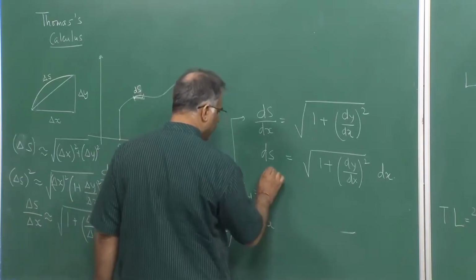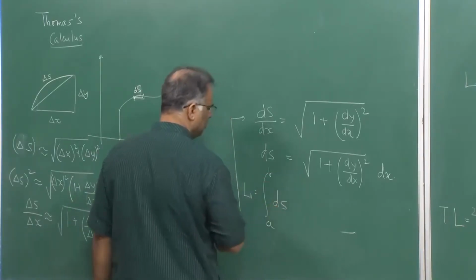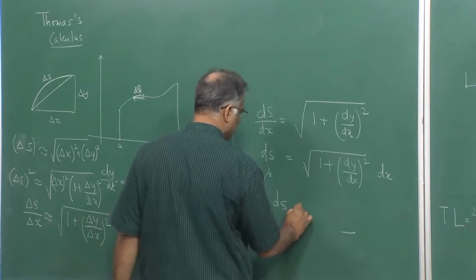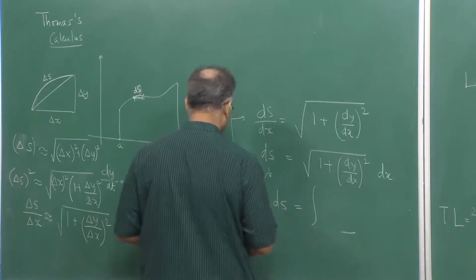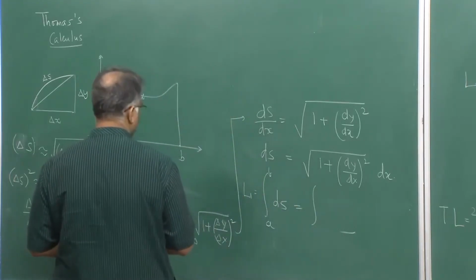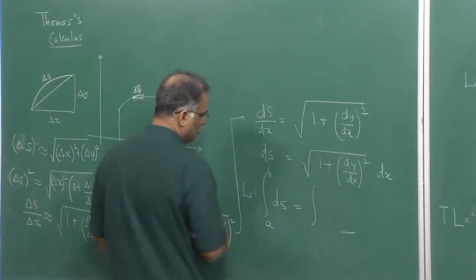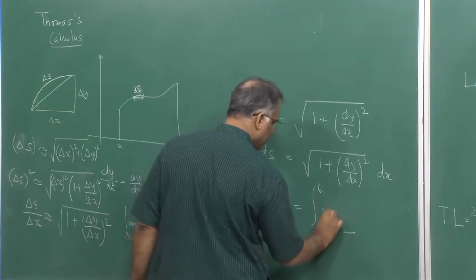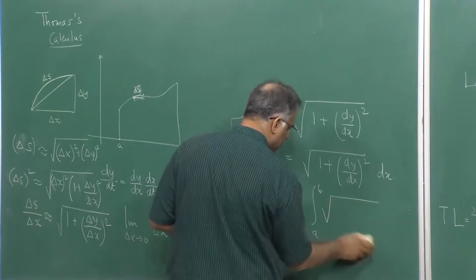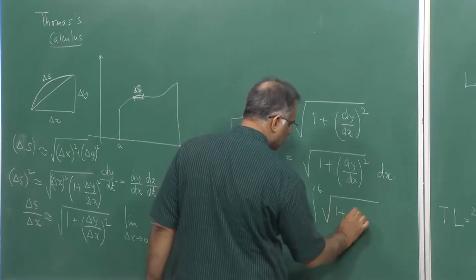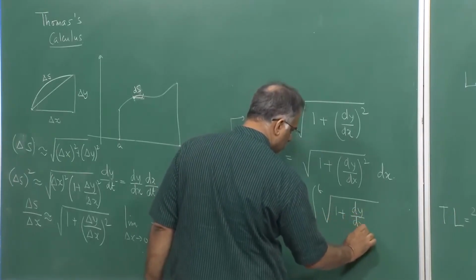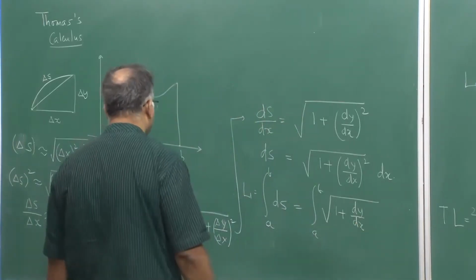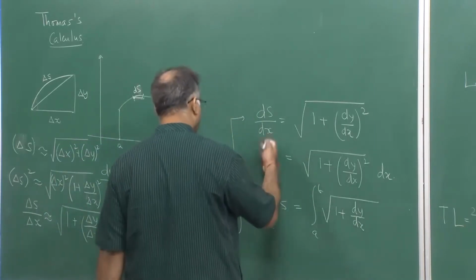So, it is the integral of ds, which is your total length L. Or rather I should write 0 to L of ds.